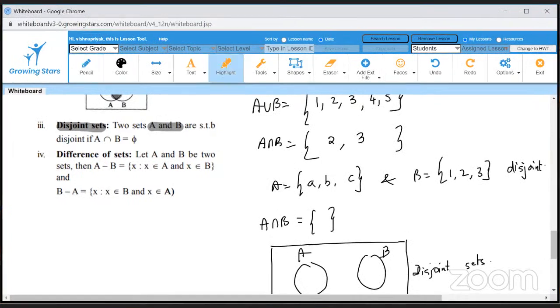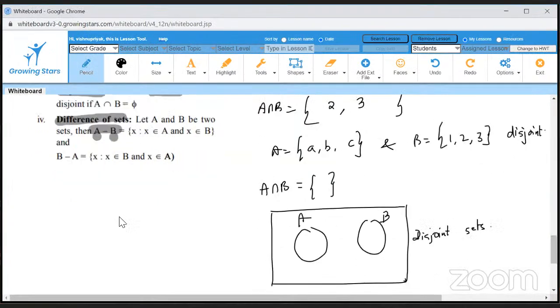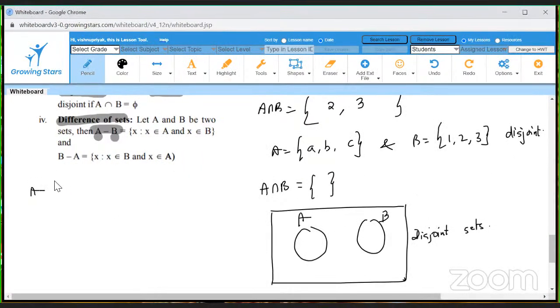Okay. Now, difference of sets. Subtraction. We have subtraction. A minus B. A minus B means what? From A, remove B. Suppose I give you A as 1, 2, 3 and B as 2, 3, 4.